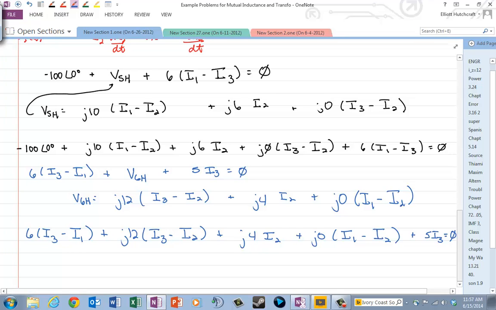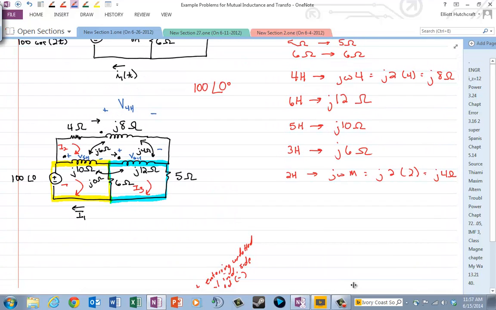Then I got what's going to be the longest equation that I have to write for that top loop. So we've got to write the equation here. Now notice this one's going to be a little bit different from what we've had so far, because every time we've written our equation so far, we've got the dot convention and we've been going the way we've labeled the voltages.